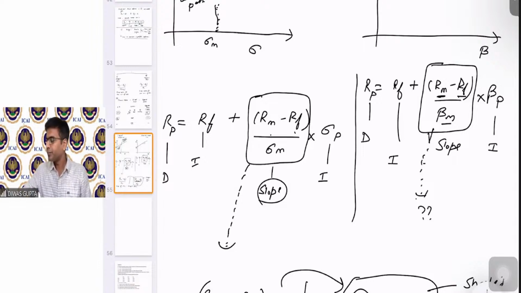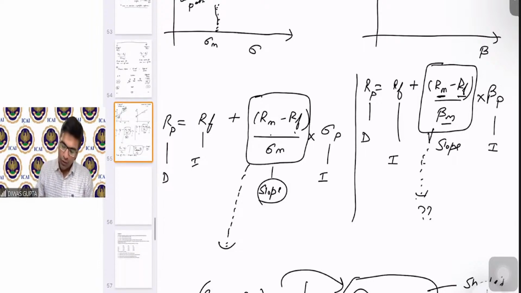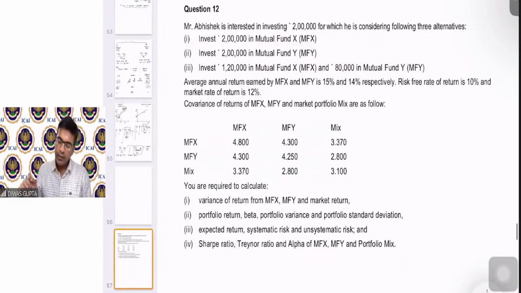Okay. Now, yes, students, let's come to question number 12. Mr. Abhishek is interested in investing 2 lakh, for which he is considering the following three alternatives.